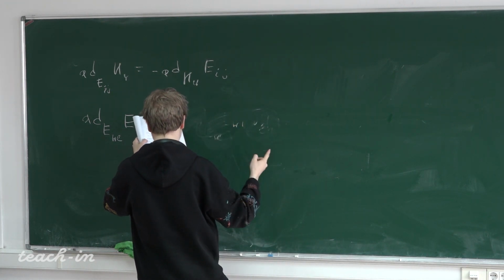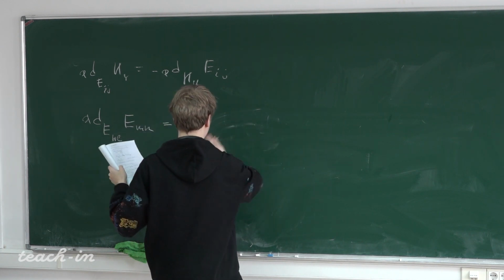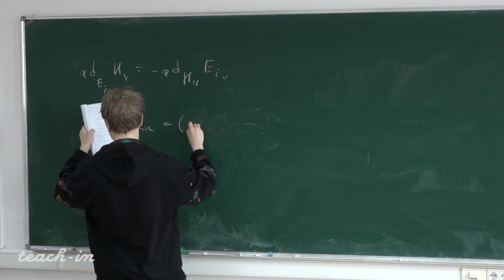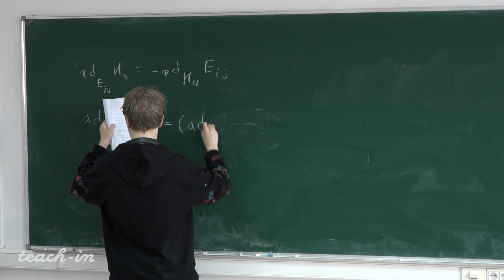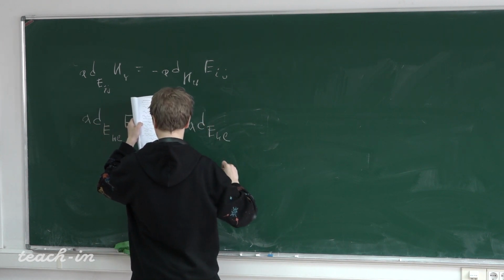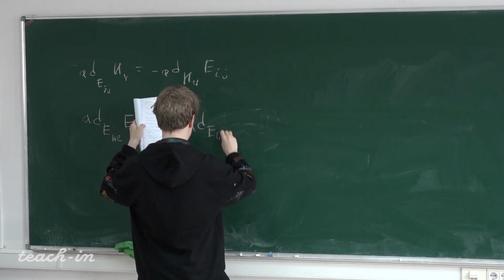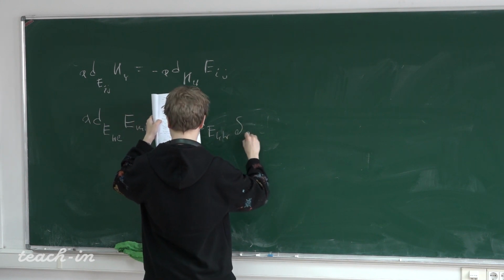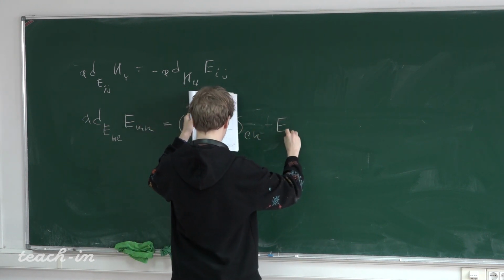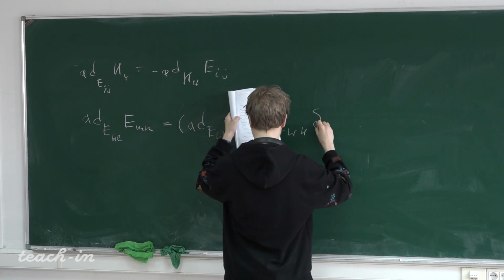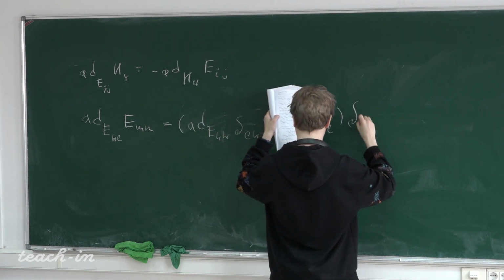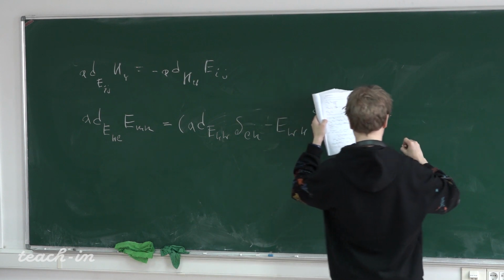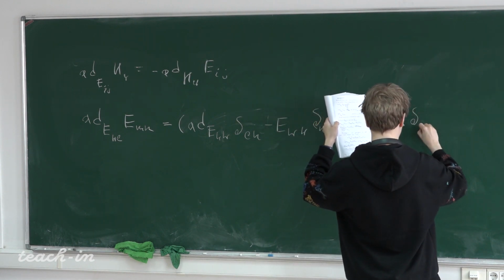The final expression for this guy, because there are a lot of calculations here as well, is ad EKK delta Ln minus EKK delta NL delta Lm minus delta Km.